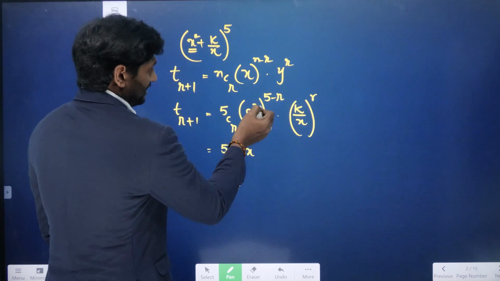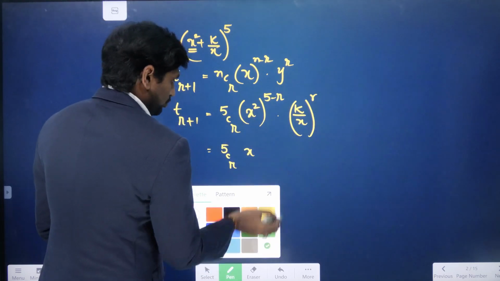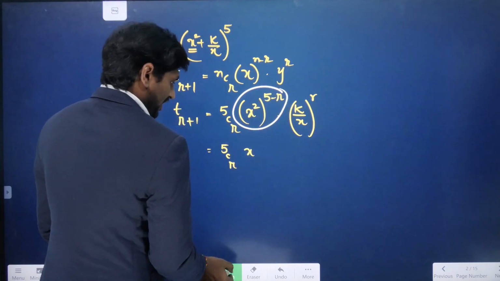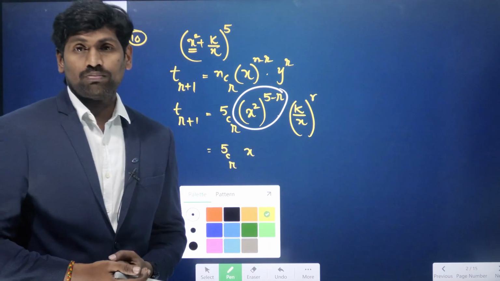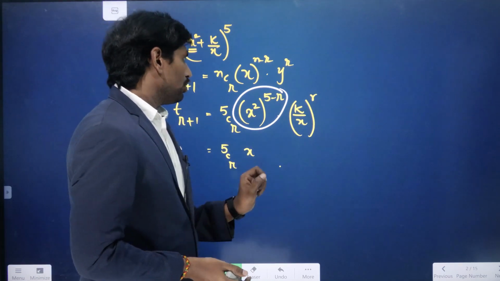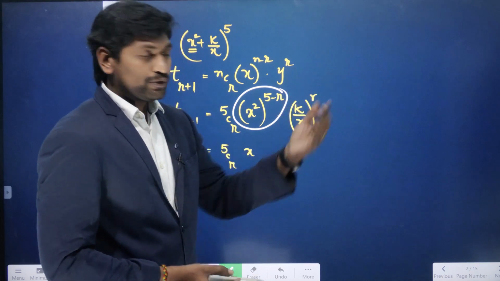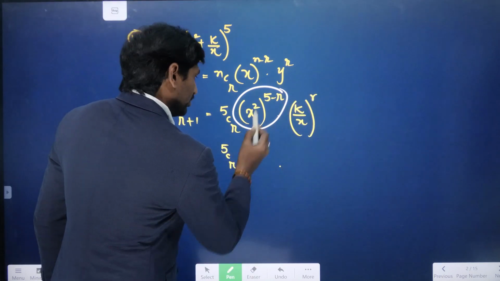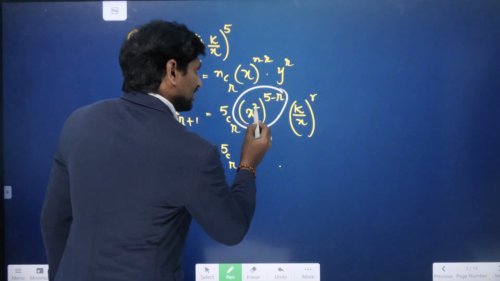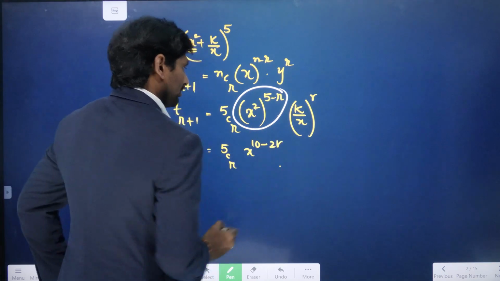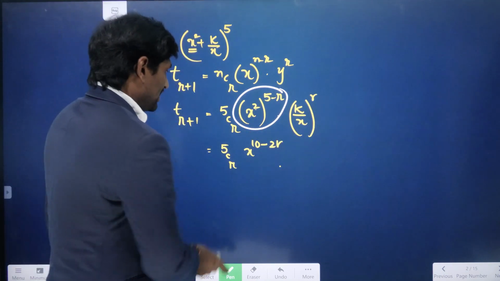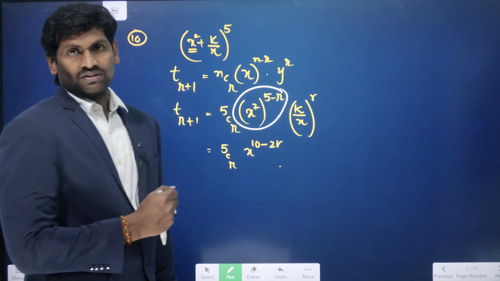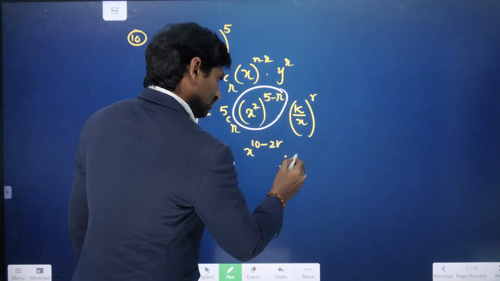x power, it is in the form of (a power m) whole power n. The formula is (a power m) whole power n is nothing but a power m into n. So this one I can write 2 into 5 is 10, minus 2 into r is 2r. So this is x power 10 minus 2r into this one.